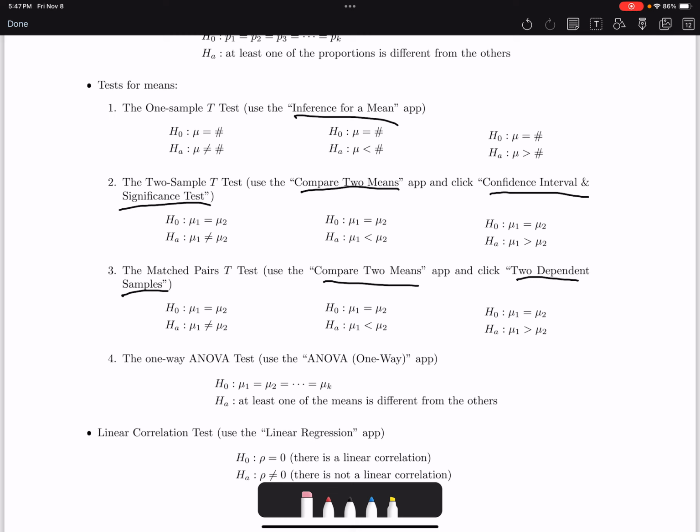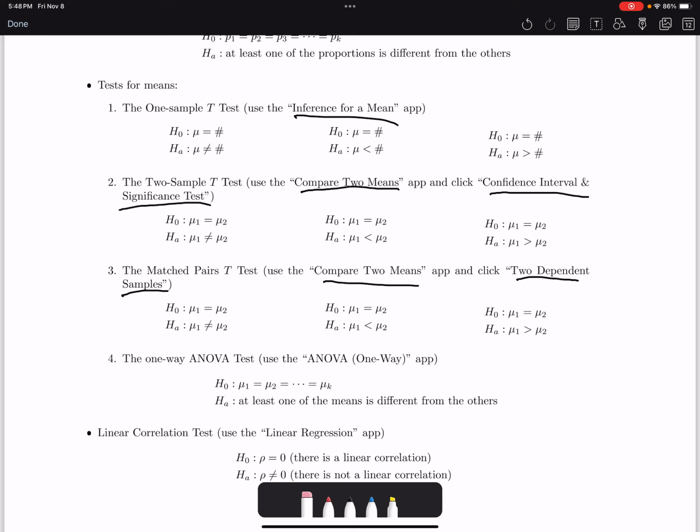Okay? With matched pairs sampling, dependent sampling, on the other hand, you do have matched pairs, right? And so the sample sizes would have to be equal because you need to have matched pairs. In matched pairs or dependent sampling, the way that you collect your first sample automatically determines what your second sample would be, because you have to get the matched pair for the individual in the first sample.